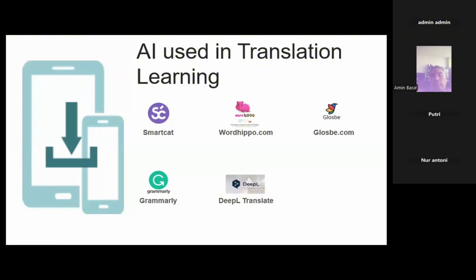So what kinds of AI do we actually use in our classroom? Here are some of the AI that we applied in our classroom in the previous semester. First, we use SmartCat to assist us, and then WordHippo and Glosbe, and then Grammarly.